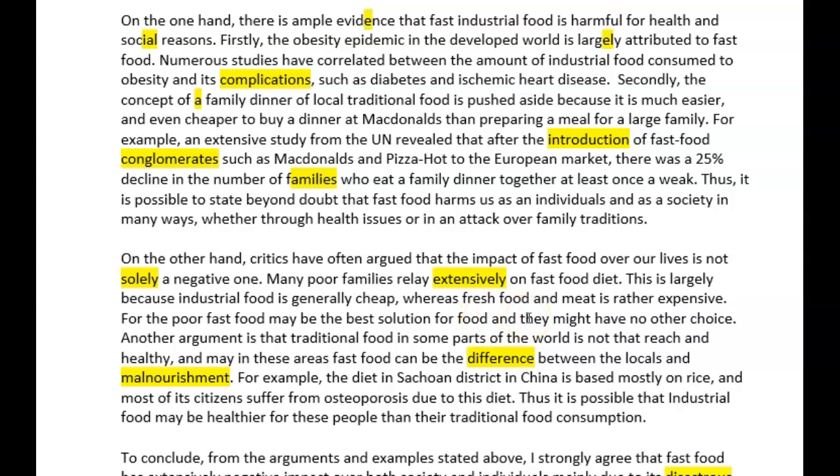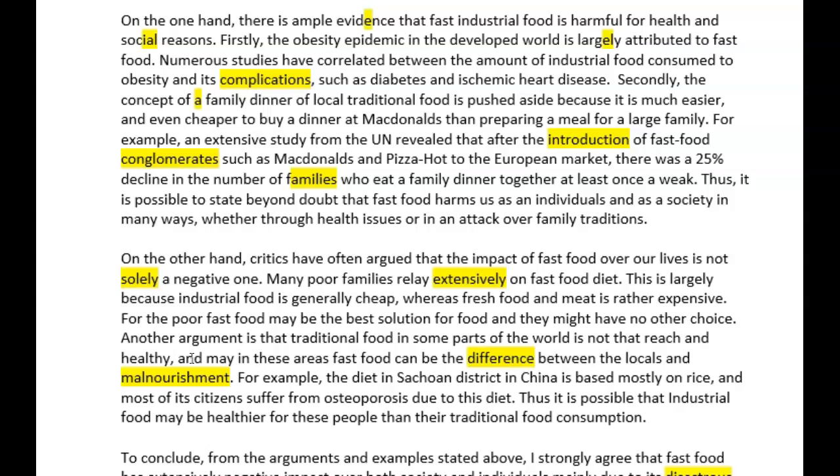Another argument is that traditional food in some parts of the world is not that rich, R-I-C-H, and healthy, and in these areas, fast food can be the difference between the locals and malnourishment.